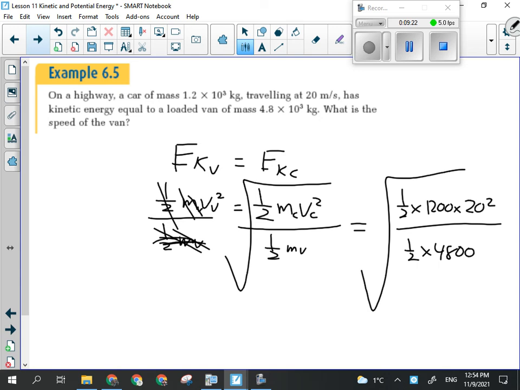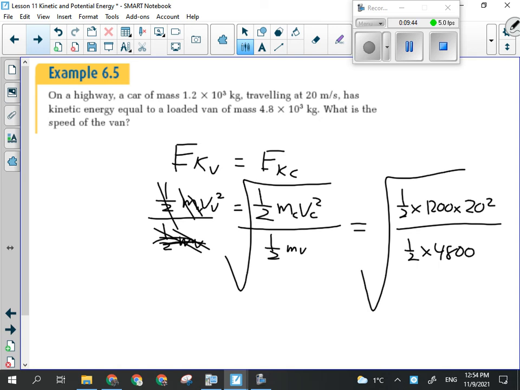Their kinetic energies are equal, and the van's 4 times heavier, so the van is going slower. How much slower? Remember, speed's exponentially related. Not 8 times. 1/2 as fast. Let's calculate it.